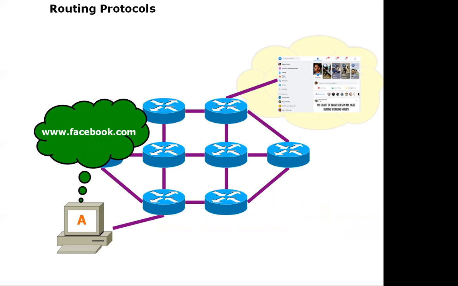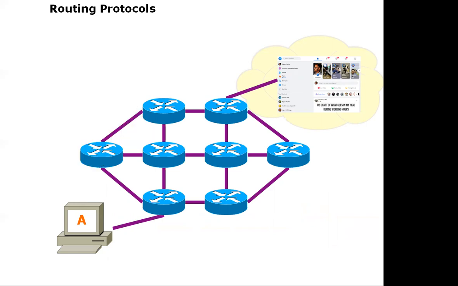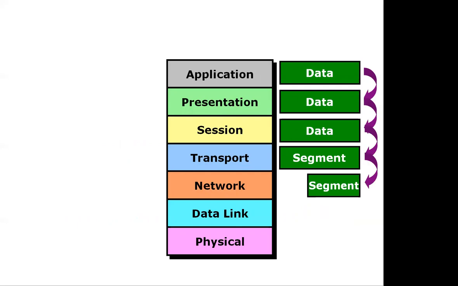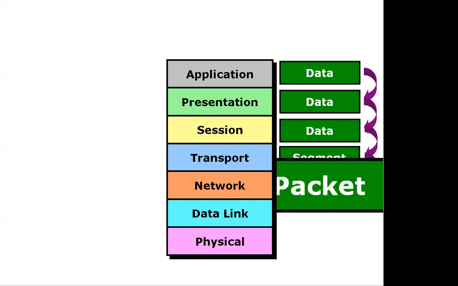When you request to access Facebook, the routing protocol automatically chooses the path on the cloud. So routing protocols help you connect with your web servers or any other servers. After this, when the segment comes to the network layer, a network header is attached. That's why we say it is a packet.